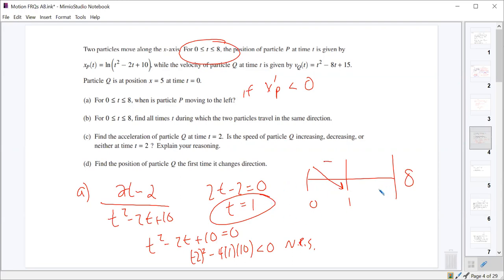If we plug in something between 1 and 8, like 6, the top is positive and the bottom is positive, so it's moving to the right. So this is left, this is right. It ought to be moving left from t equals 0 to t equals 1.